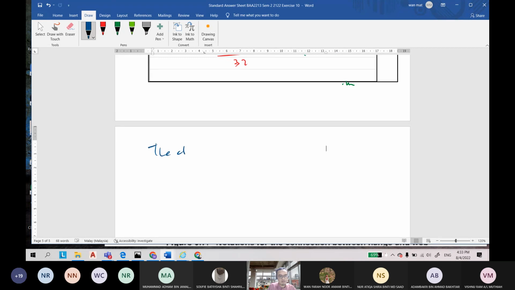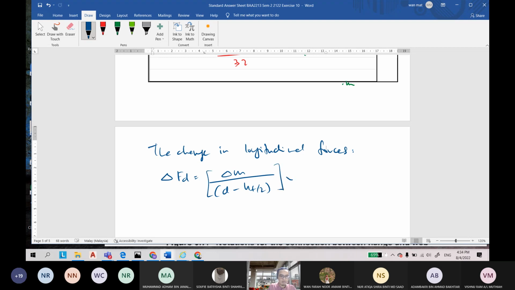So the change in longitudinal forces, delta Fd, is equal to delta M divided by (d minus hf over 2), multiplied by (b minus bw) divided by 2b.